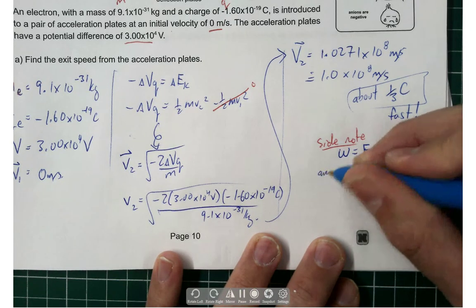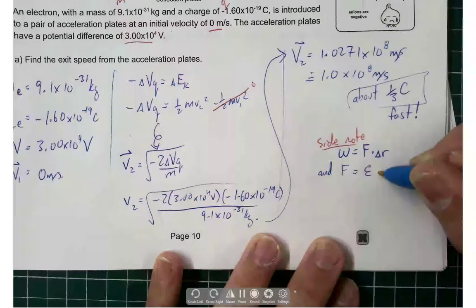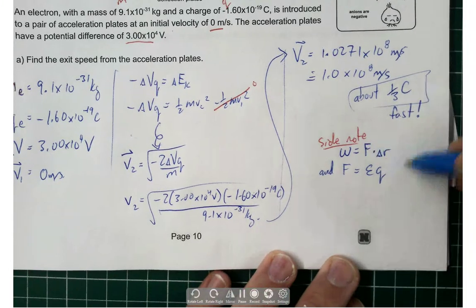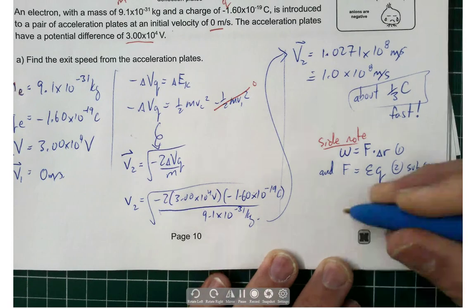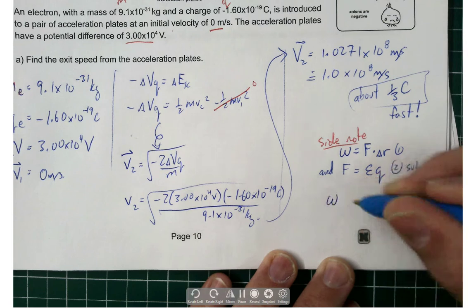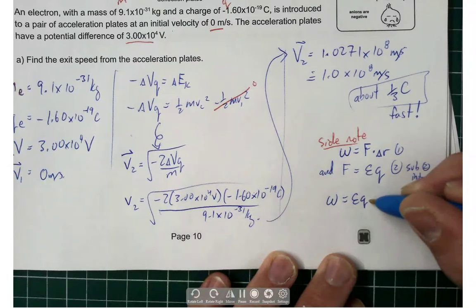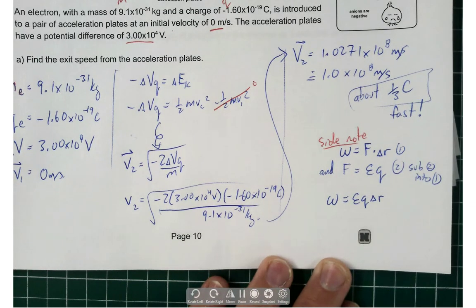And we also know that force on that charge is going to be equal to epsilon times Q. So if I call this equation 1 and this equation 2 and I sub 2 into 1, you end up getting the equation that the amount of work done on that electron is equal to epsilon times the charge of the electron times the size of the gap between the two plates.